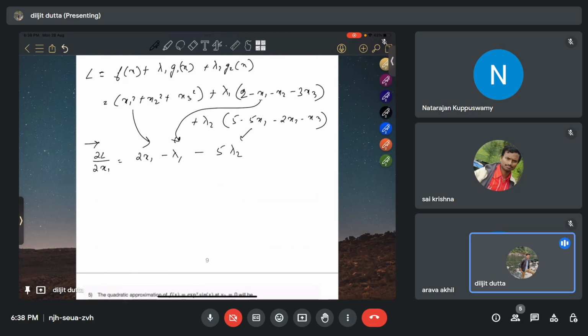Similarly, del L by del x2: from the first term 2x2, from the second term minus lambda 1, and from the third term minus 2 lambda 2.